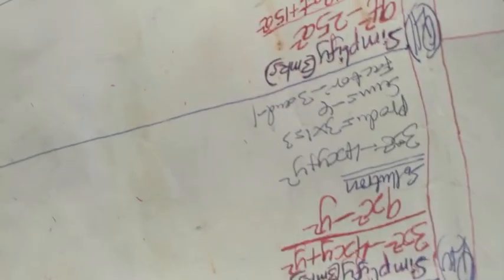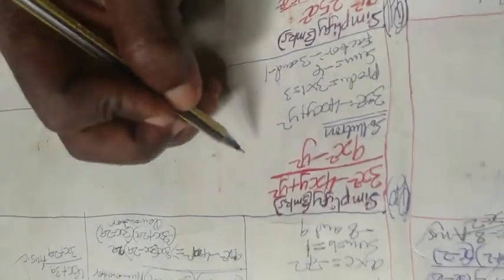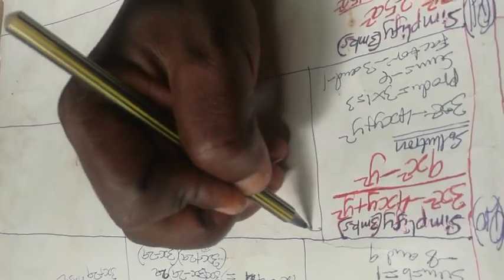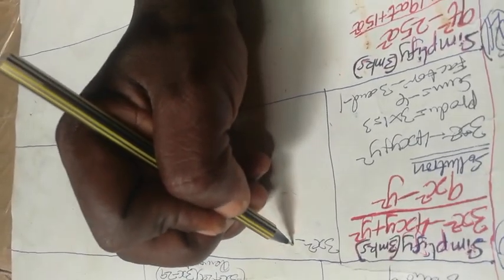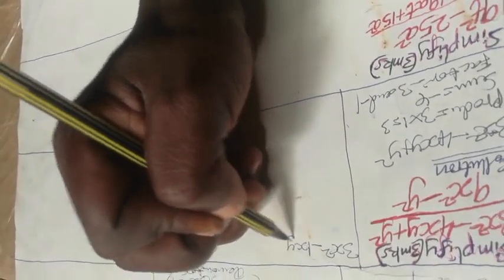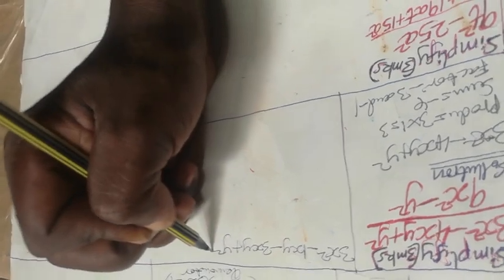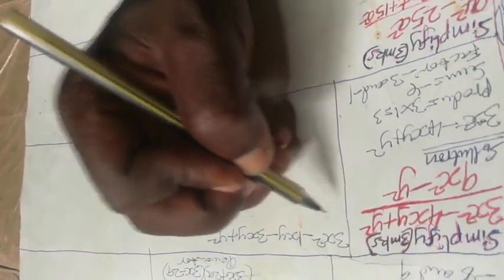Then we say 3x squared minus 1xy minus 3xy plus y squared. Here we are going to factor out x because it's common.